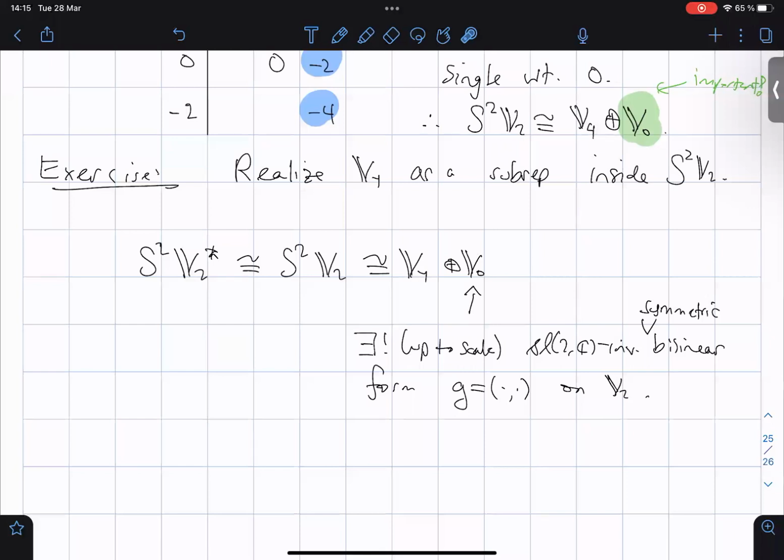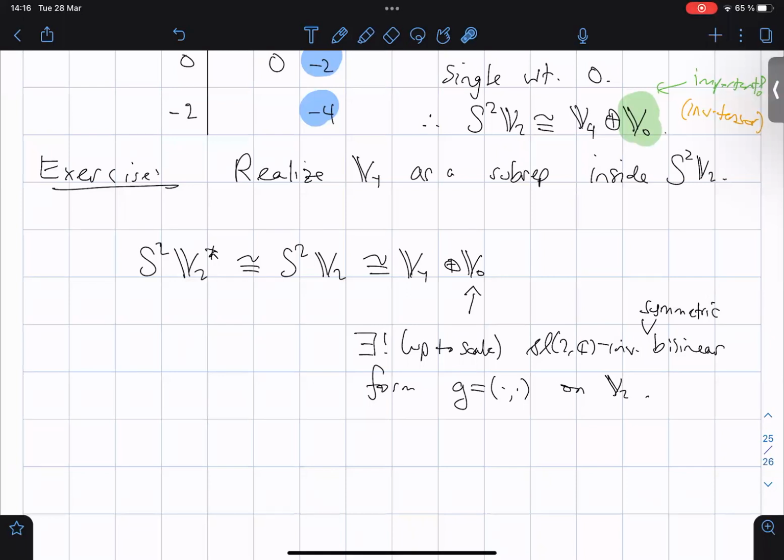Okay, let's continue with where we're at. The presence of these V0s is very important, so they indicate the existence of an invariant tensor. I've just put in this isomorphism here so that I can describe this as a form on V2.